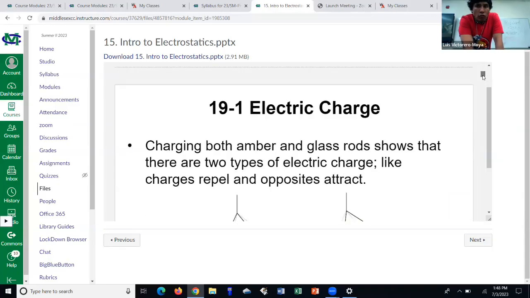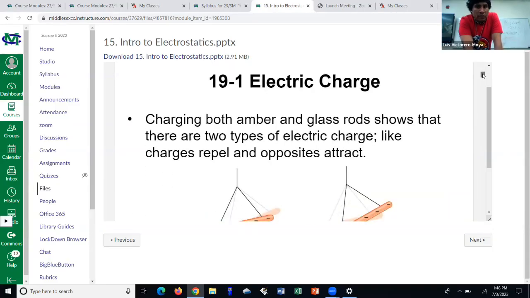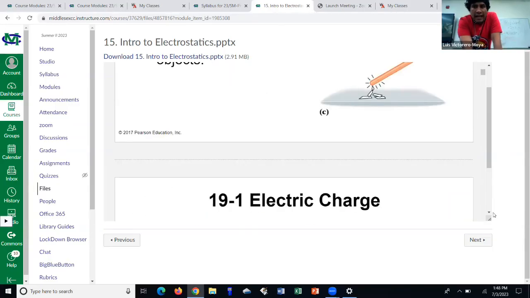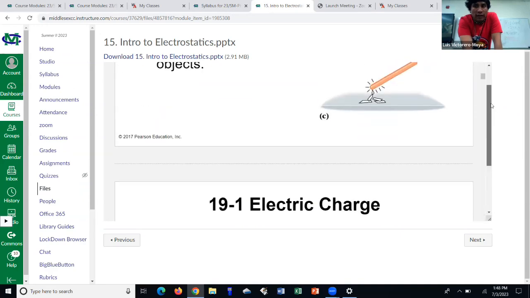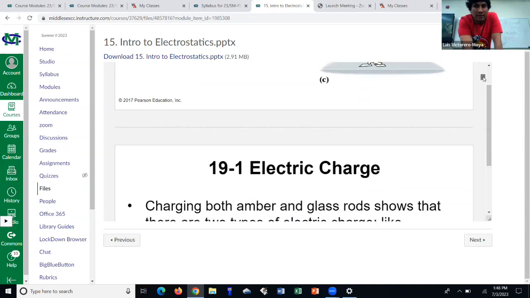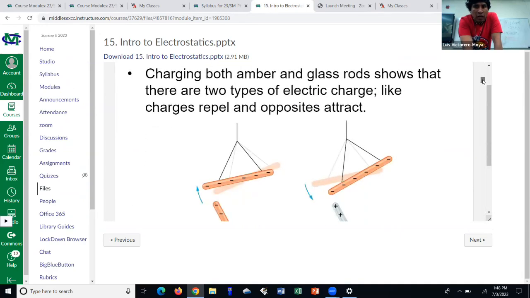So what you should know from physics and chemistry is that the atom has a nucleus that has protons and neutrons, which is why it's the densest part of the atom. And then you have electrons orbiting the nucleus of the atom.